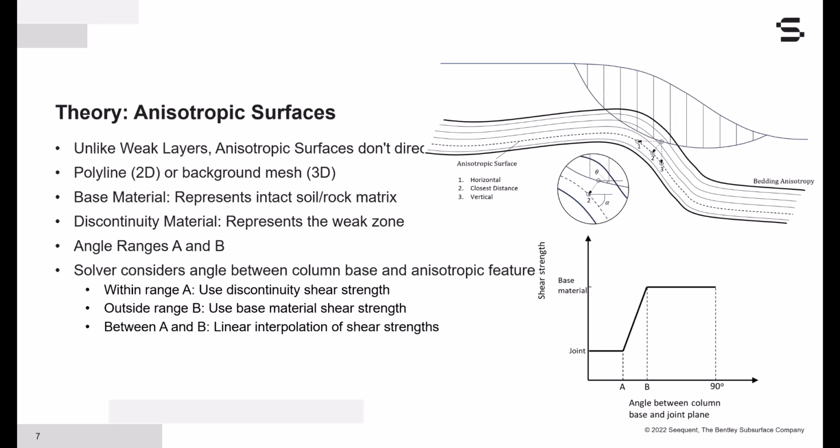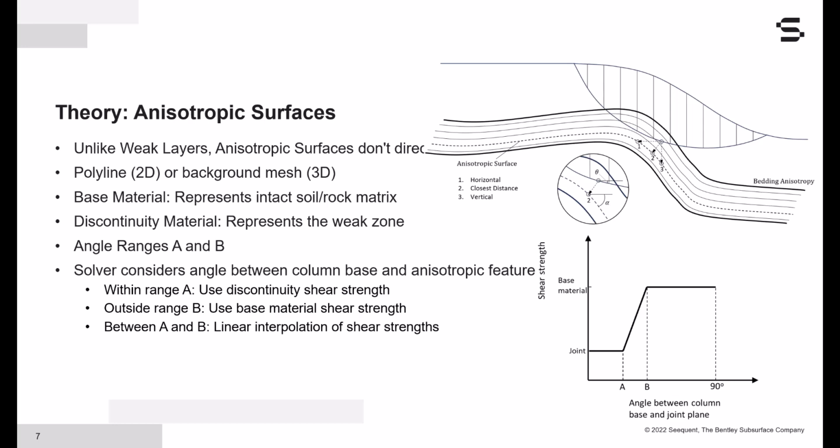We must also define two angle ranges, A and B. The A and B parameters associated with each anisotropic surface are angular tolerances around the discontinuity that control the transition of shear strength from the anisotropic material into the intact material.